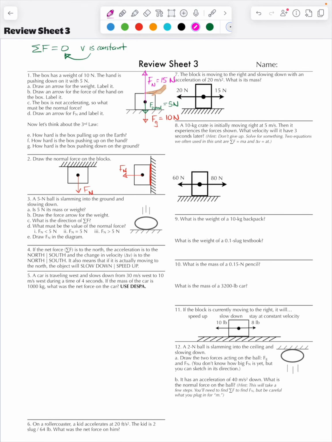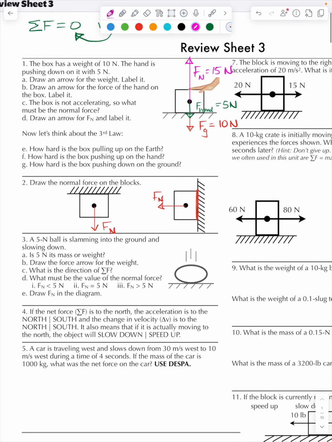So let's think about the third law here. How hard is, in letter E, how hard is the box pulling up on the earth? Well, I'm looking for force of box on earth. Well, what is the pair for that? The other part of the pair is how hard the earth is pulling down on the box.